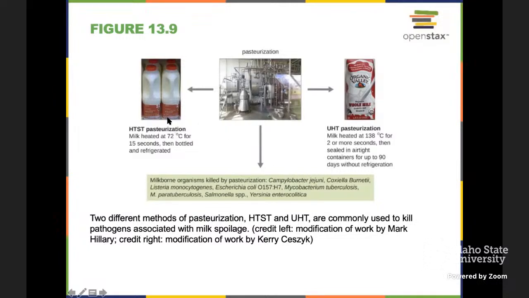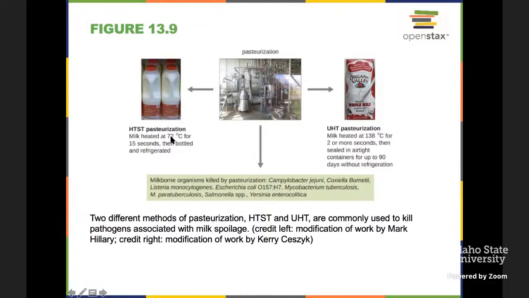So, two different ways for pasteurizing. The HTST, this pasteurization process is probably the most common. And if you go to the grocery store, most of the milk has likely been pasteurized through this process. So the milk gets heated to 72 degrees Celsius.